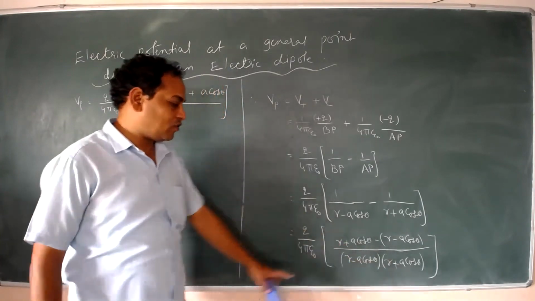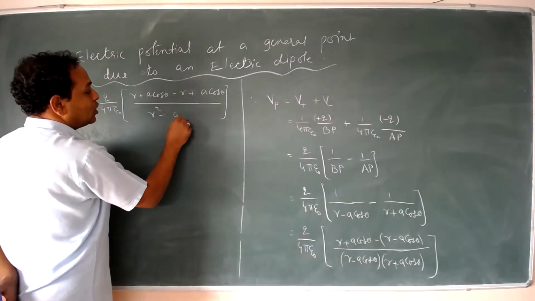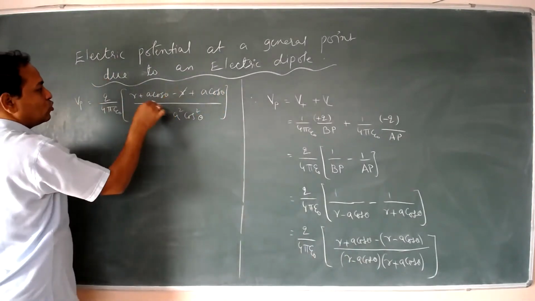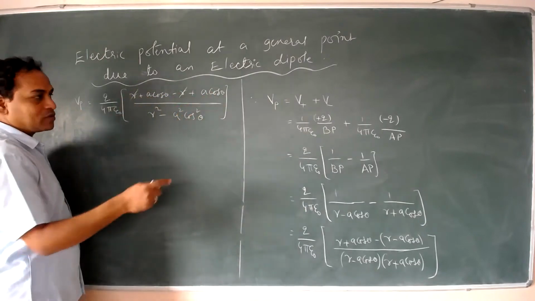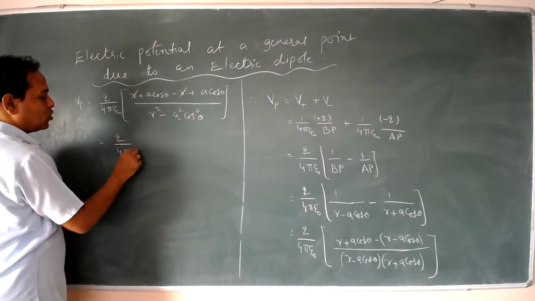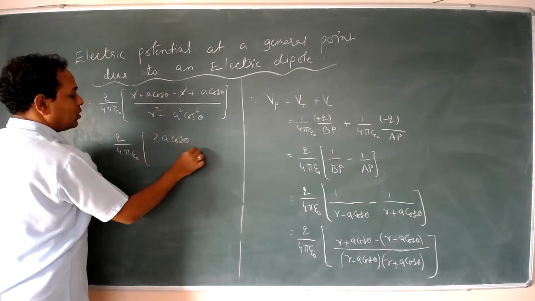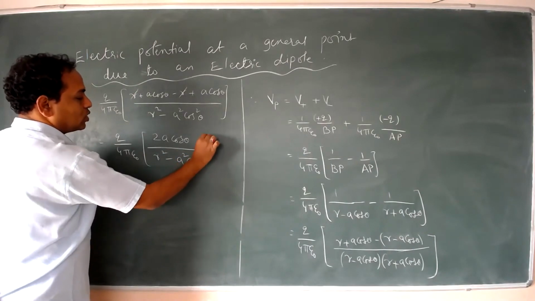In that way, we can write this as R square minus A square cos square theta. So these two will get cancelled. A cos theta, how many times are there? Two times. So we can write Q by 4 pi epsilon naught into 2A cos theta by R square minus A square cos square theta.